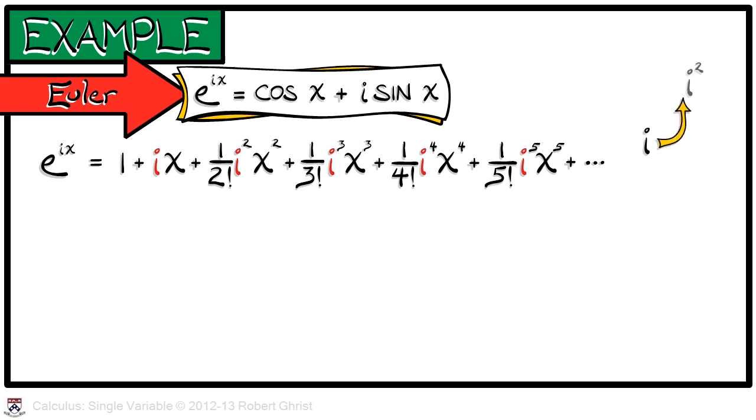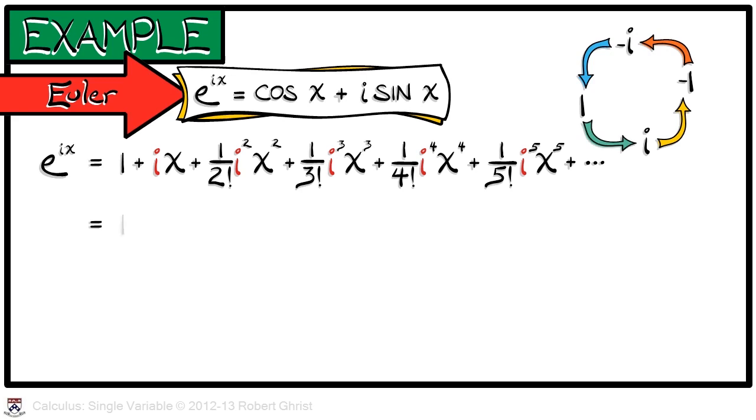Then it appears as though there are some simplifications that we could do. Recall that by definition, i squared, the square root of negative 1 squared, must be negative 1. Therefore, if we look at i cubed, we have to get negative i. And i to the 4th, being i squared squared, must be equal to 1.